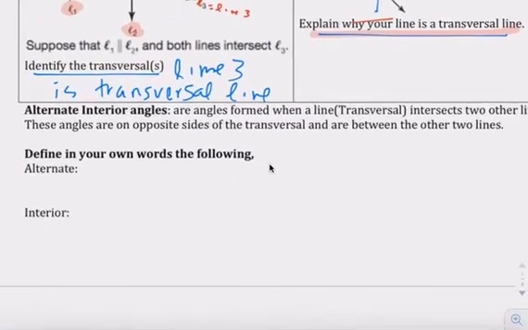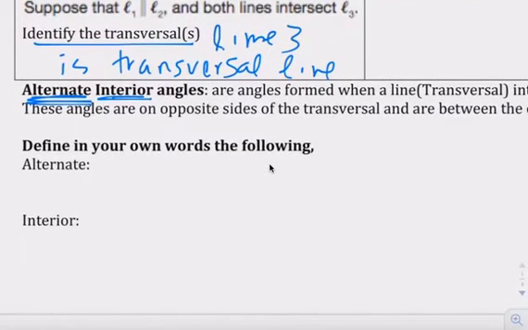Alternate interior angles. Alternate means every other. Interior means inside.